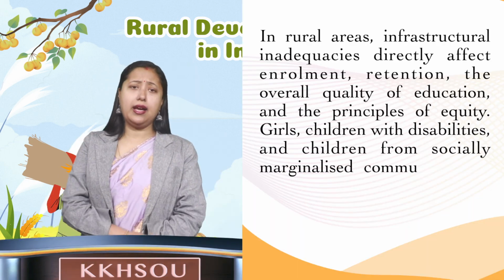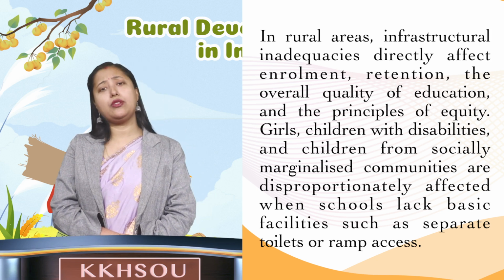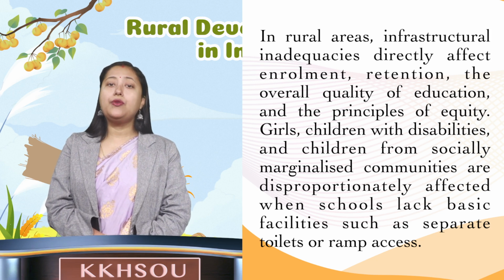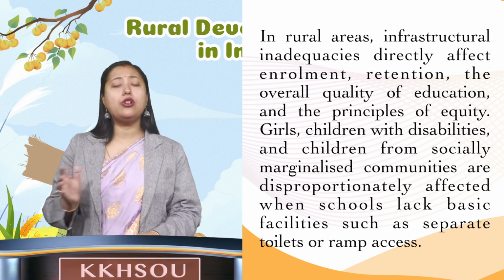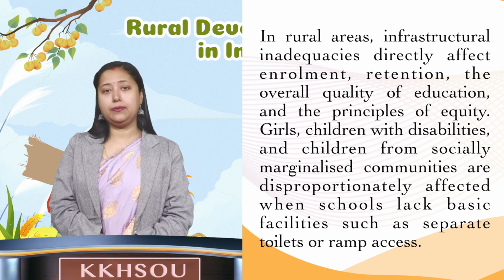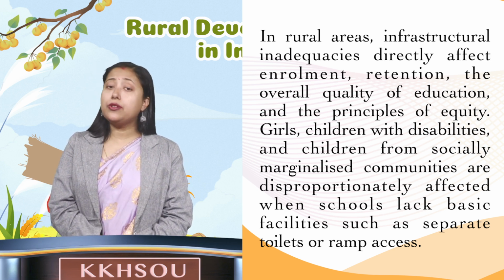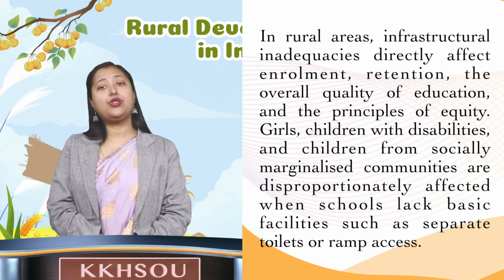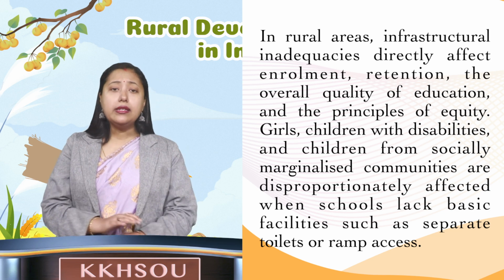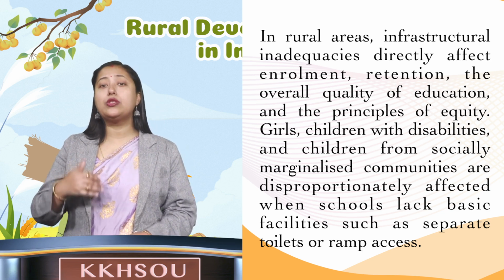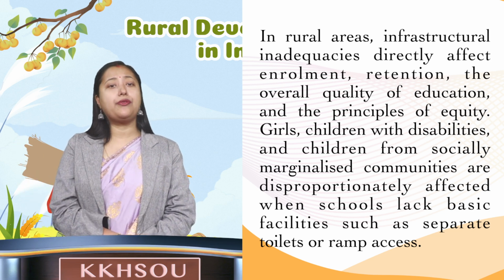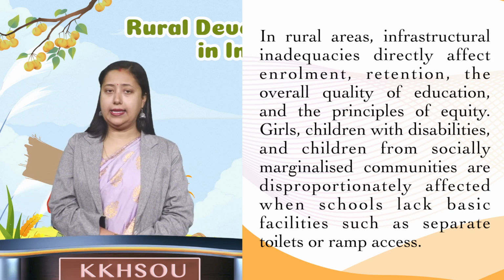In rural areas, infrastructural inadequacy directly affects enrollment, retention, the overall quality of education, and the principle of equity. Girls, children with disabilities, and children from socially marginalized communities are disproportionately affected when schools lack basic facilities such as separate toilets or ramp access.